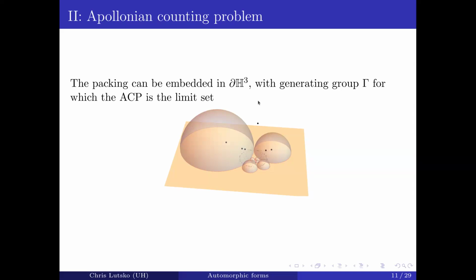The packing isn't drawn there; this is the effect of these points accumulating on the boundary. So we can realize the Apollonian circle packing as the limit set of an infinite volume, infinite covolume subgroup.